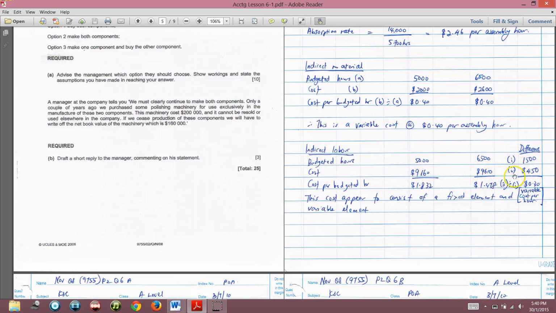This increase is the variable labor cost, correct? That is because when you increase your production, you will hire more so-called production labor that is variable, that goes by hourly rate, that varies directly with production level.